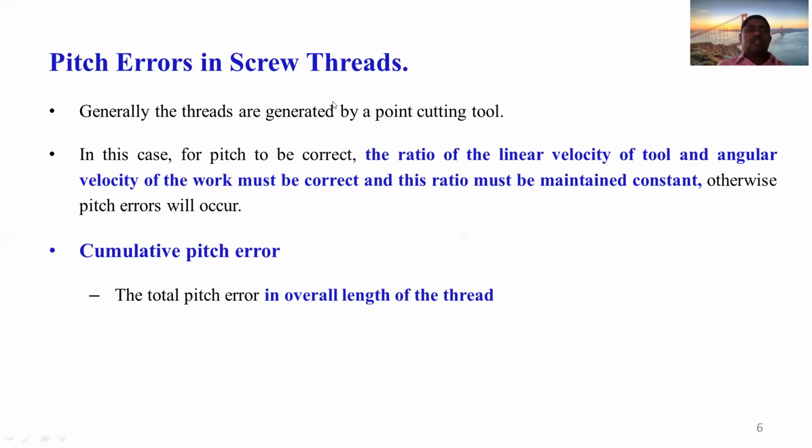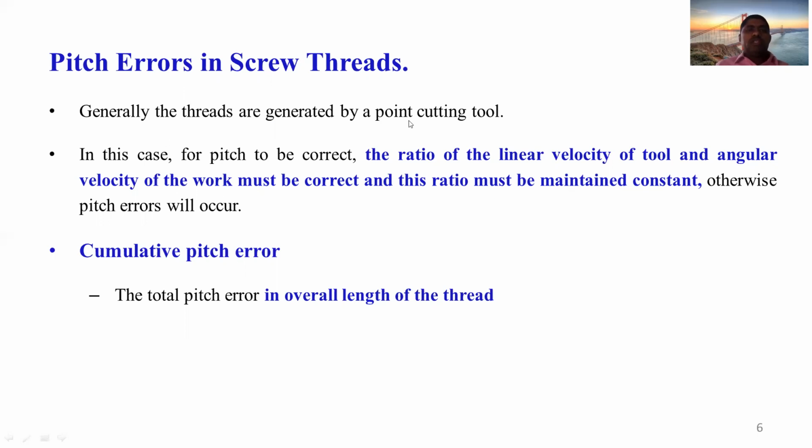So the pitch errors in the screw threads we will discuss. These errors arise when the ratio of linear velocity of the tool and the angular velocity of the work is incorrect. This ratio must be correct, and it must be maintained constant to avoid the pitch errors.